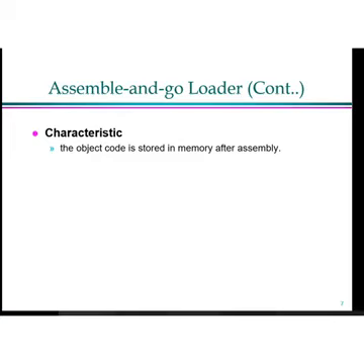So the basic characteristic is that your object code is directly stored in memory after the assembly, and then a single jump instruction. Your assembler will have a jump instruction which will transfer control to the first instruction of your program, from where execution will start. What is the advantage?